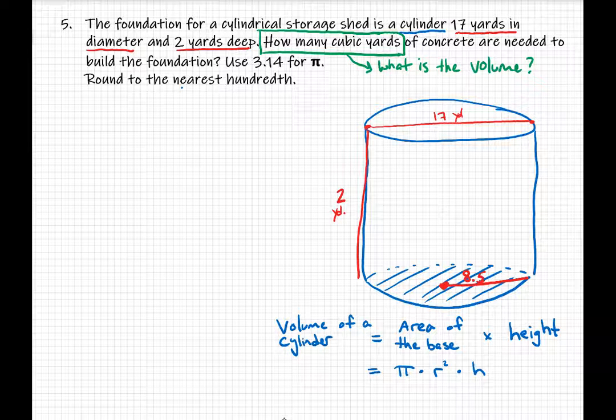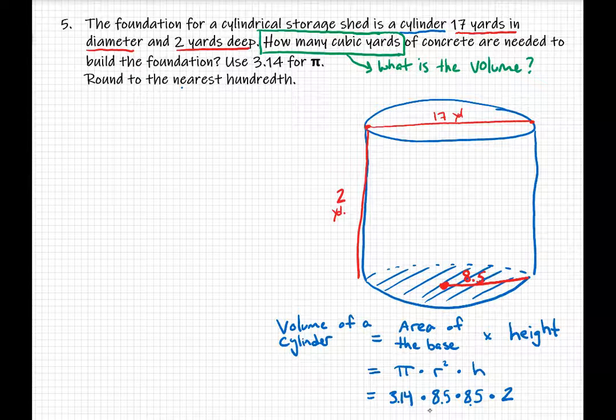So let's plug these numbers in. For pi, we're using 3.14. Our radius is 8.5, so let's multiply by 8.5 and another 8.5 because it's radius squared, times the height, which is given as 2.